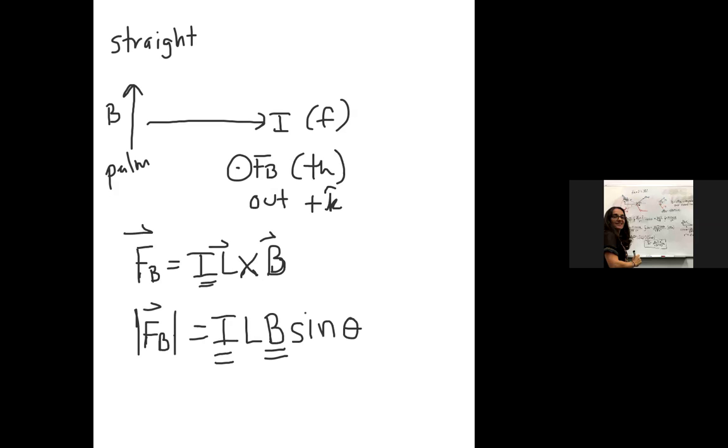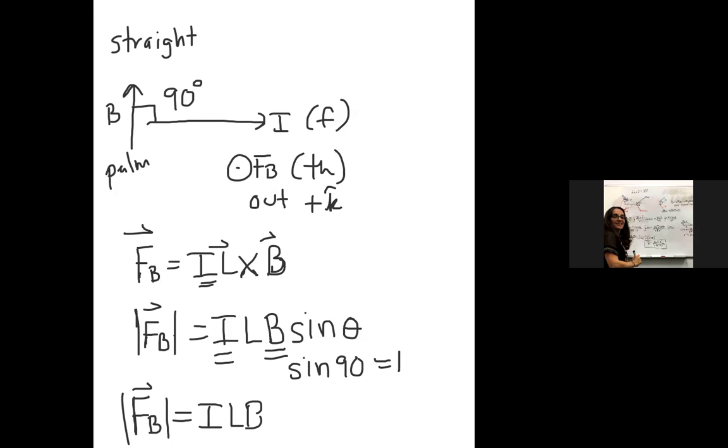Well, the angle between the current and the B field is 90 degrees. And sine of 90 is equal to 1. So for the straight portion of the wire, we get a force of I times L times B, and we know that it is in the positive K hat direction, or out of the board.